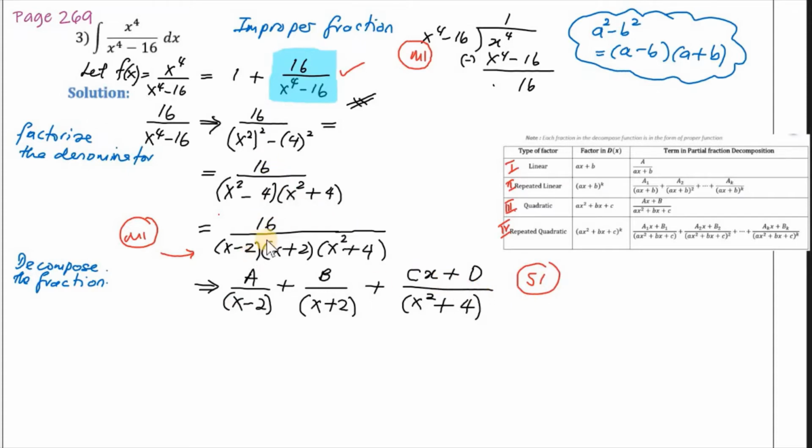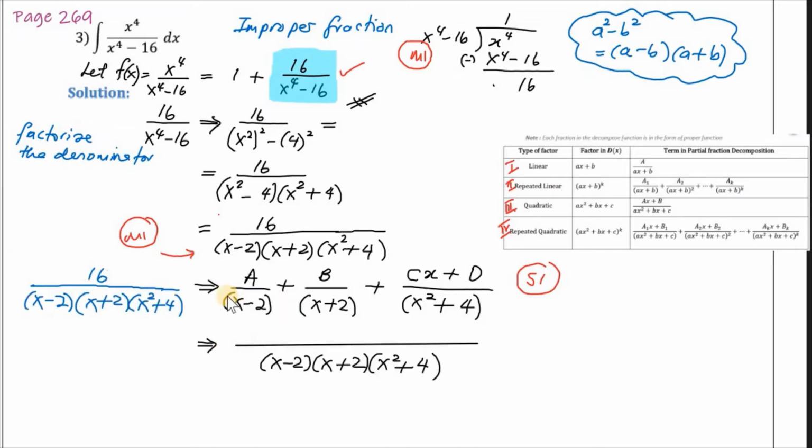Then in order to get these A, B, C, we need to compare the numerator values, so we need to combine these fractions. Let me write this down on this side so that you can see how we compare the numerator values.